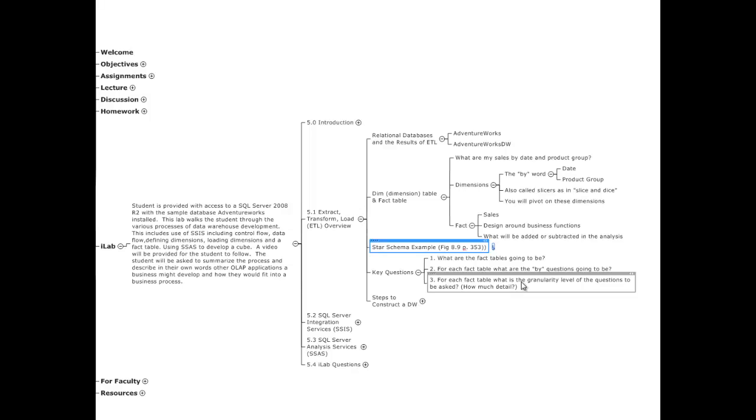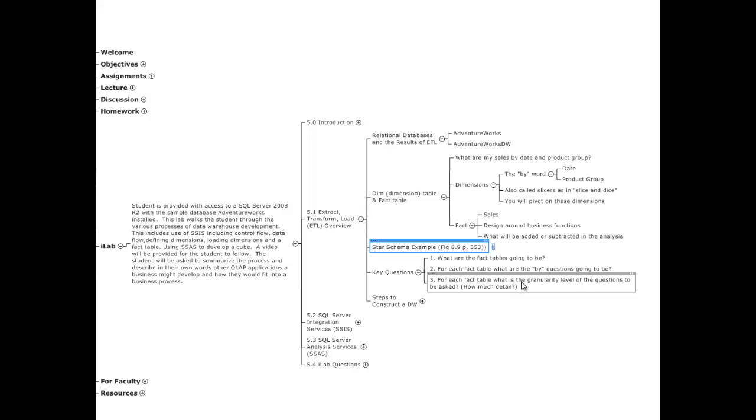Let's assume we decide our fact table is going to be based on the header invoice, and we're going to be looking at total amounts of each sale and doing analyses based on that. If somebody comes along and asks questions where we need to know the detail of the invoice items underneath each header, then we're pretty well toast, in that we won't be able to answer that question.